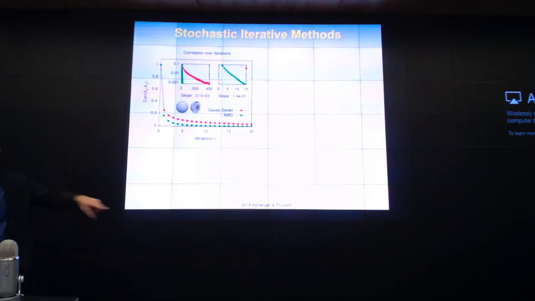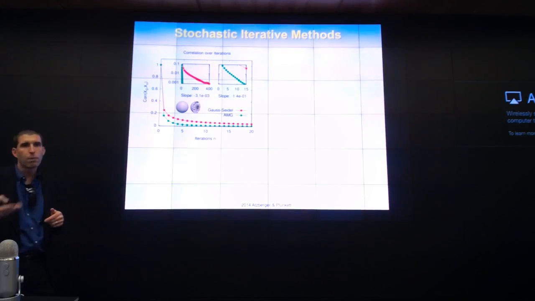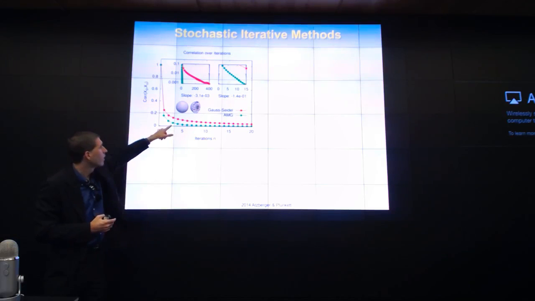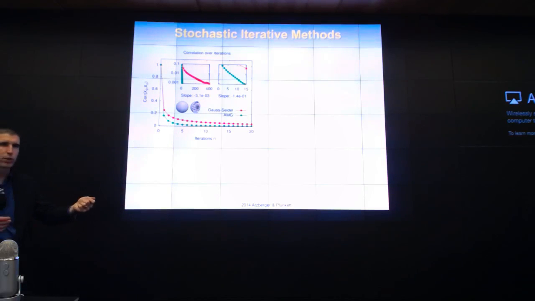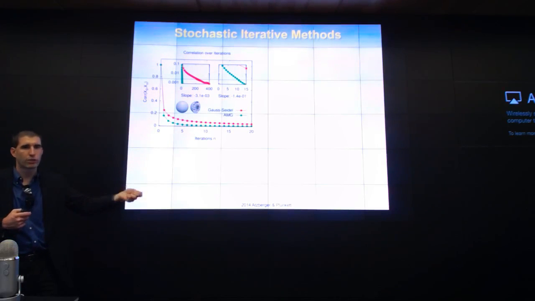So it's long range, but L itself is sparse. So you're iterating L. You do all the preconditioning on L, and the stochastic iterator you can show gives you the covariance structure L inverse out.